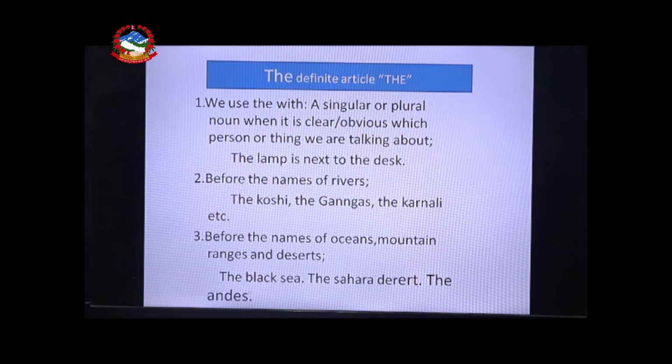If we are talking obviously about the person or thing, in this situation we use the article.